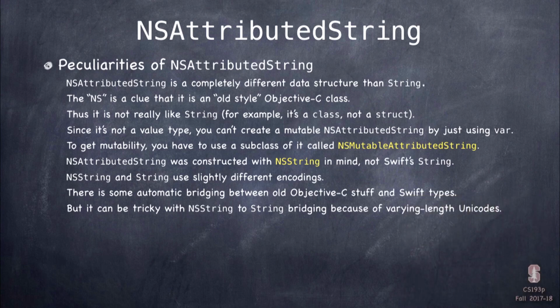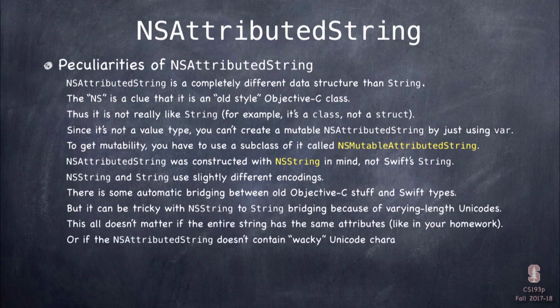So if you have any iOS API that takes an NSString as an argument, you can just pass a string. It just automatically works, except that this little encoding doesn't always get fixed up quite right. So the bottom line here is if you are going to be trying to index into an NSAttributedString and you have wacky characters like emoji or café, the indexes might not line up very well.